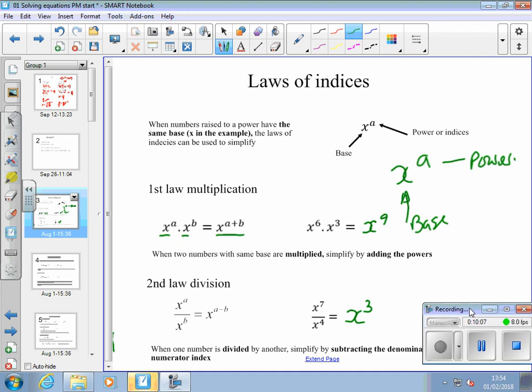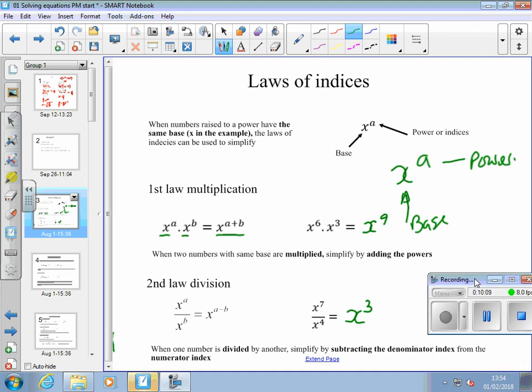When one number is divided by another, simplify by subtracting the denominator index from the numerator index. Again, with division, you must get it the right way round. You must subtract the bottom one from the top one. With multiplication, order doesn't matter.